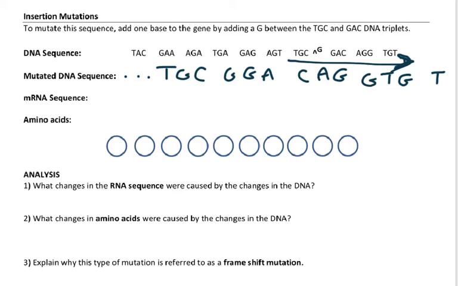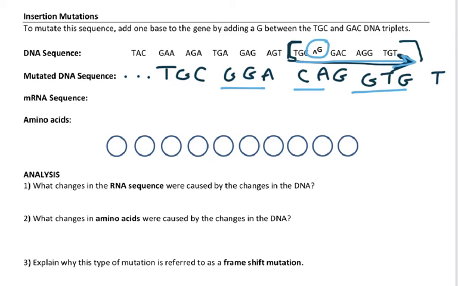Here I've rewritten the mutated DNA sequence from this section on below. Now, when you go to transcribe this DNA sequence into the mRNA codons, we now have 1, 2, 3 different codons after that point of insertion due to this shift.